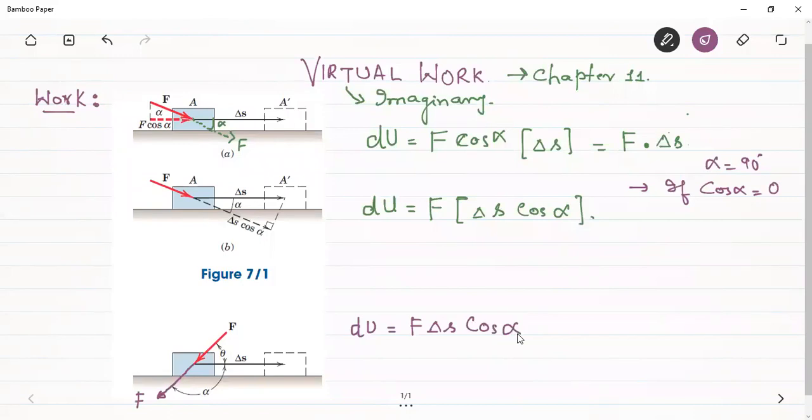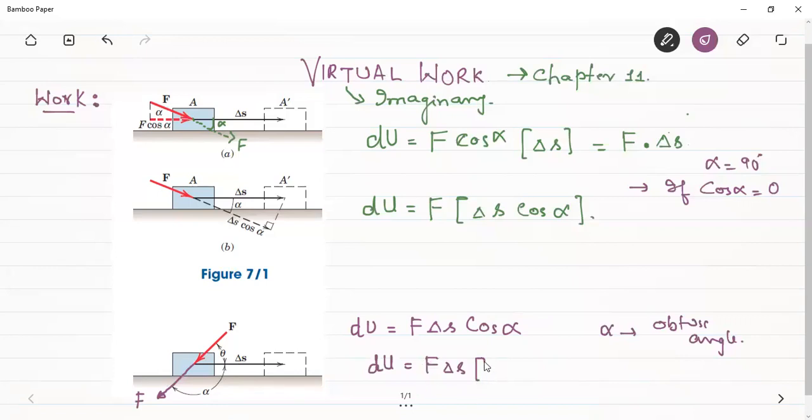Now since alpha is an obtuse angle here, this work done will be negative. How can we say that? We can also write this in terms of 180 minus theta. You can see that theta plus alpha is equal to 180.